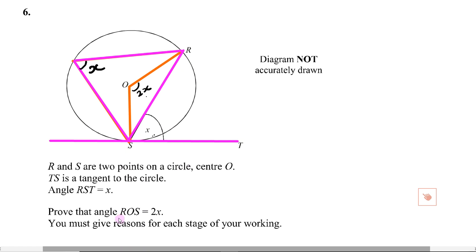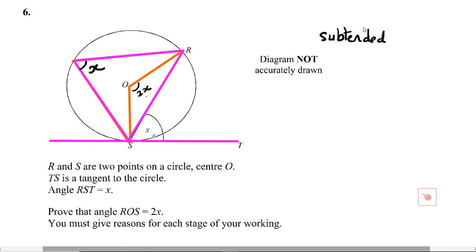Now, you must give reasons for each stage of your working. So you need to be able to state those rules using their proper statements. Saying the Star Trek rule is not going to cut it. So try and use the proper words. There's subtended. Do you know what that means?